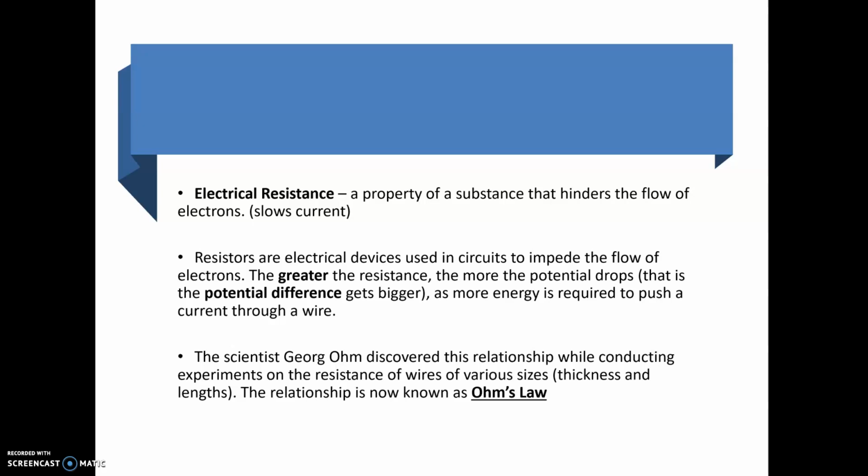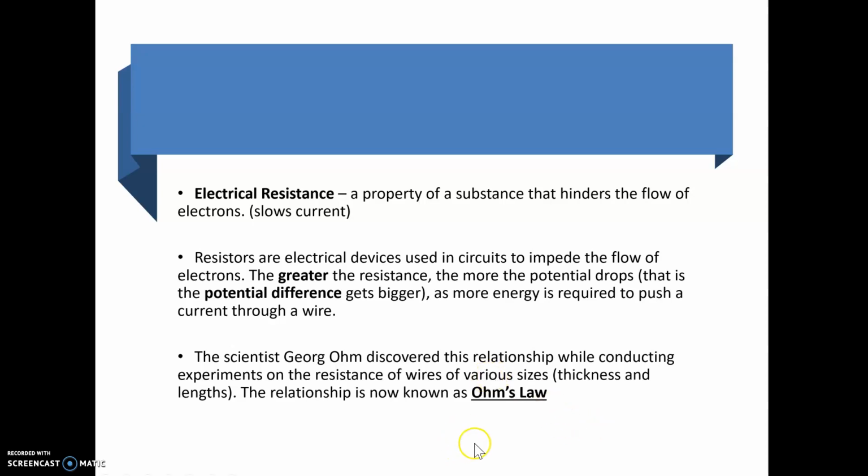And so anything that causes these electrons to lose that electrical potential energy is known as a resistor, and loads are examples of resistors. A light bulb, a motor, a fan, a heating device, a blow dryer, those are all examples of loads, but they're also resistors because they slow down the electrons.